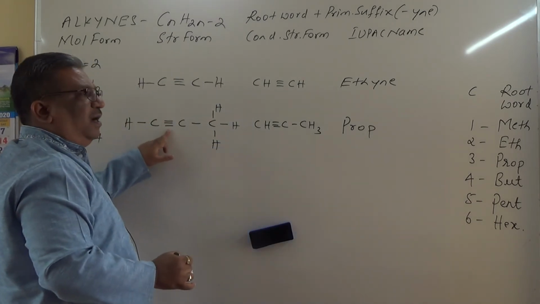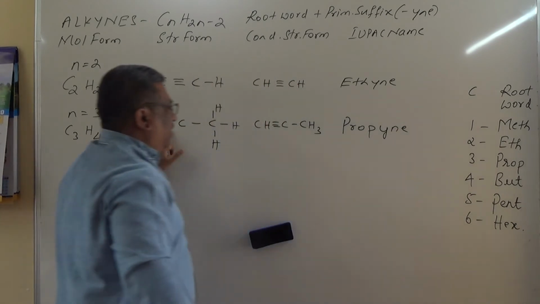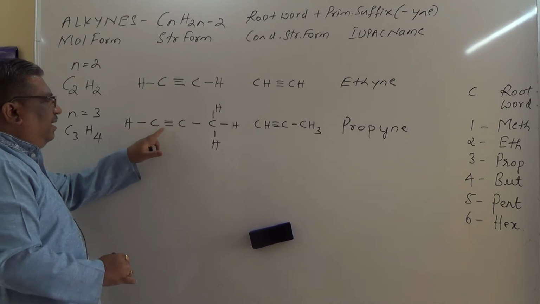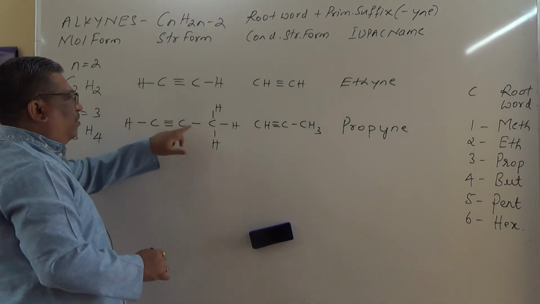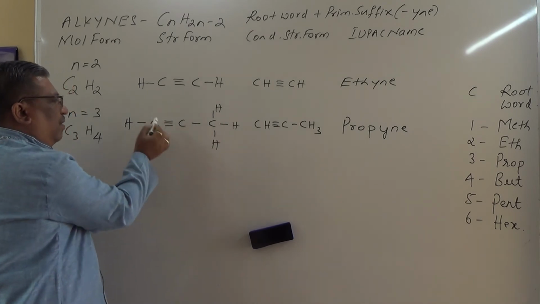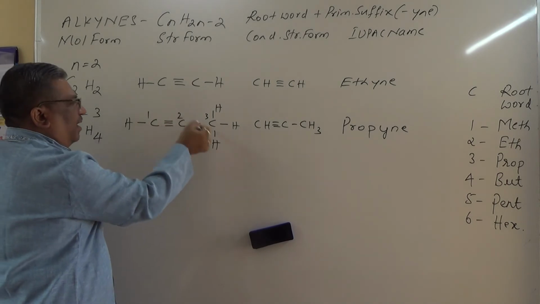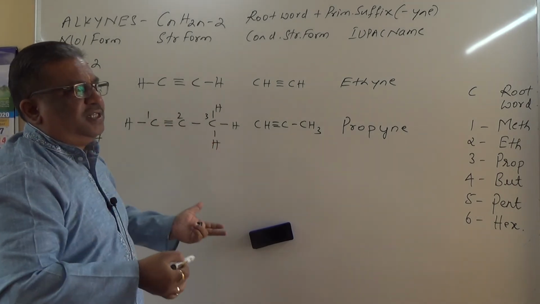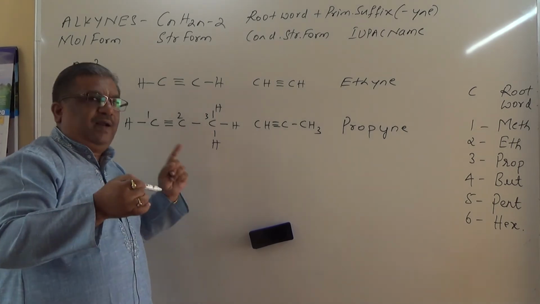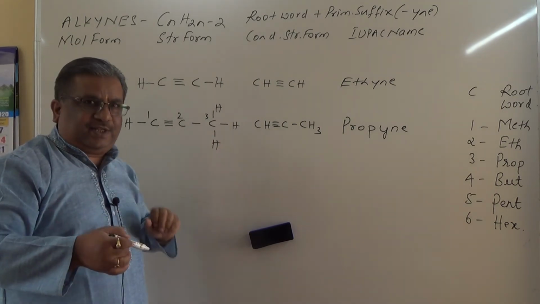Triple bond and therefore yne. Here I can have the triple bond here also. If I introduce this triple bond over here, the numbering should be 1, 2, 3. Whether you introduce it here or here, the locant does not change. The locant is the number or position of the carbon atom to which the triple bond is attached.